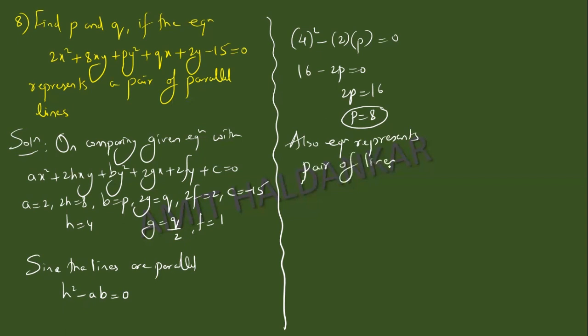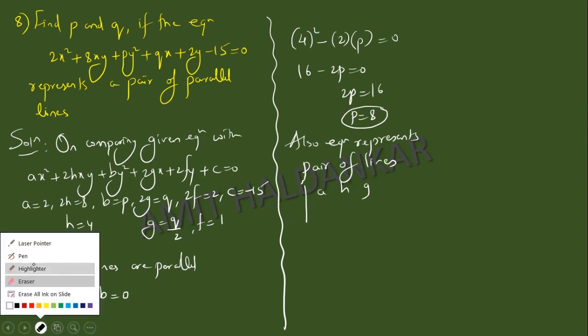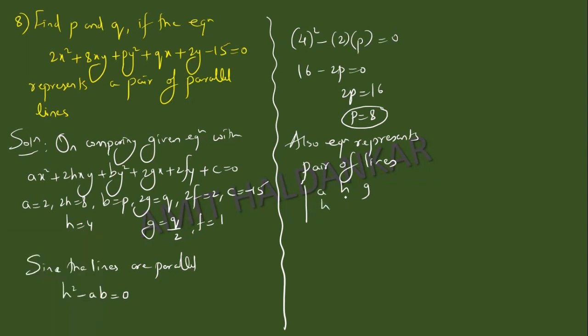Now, since it represents pair of lines, I can clearly see that the determinant should be again 0. So, if the determinant is 0, a, h, g; h, b, f; g, f, c is 0.